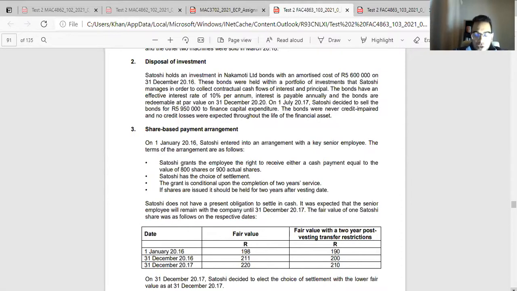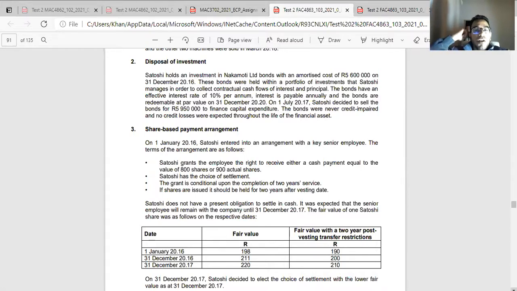Okay, so what's important to take note? They held this bond with the objective to collect contractual cash flows, and the contractual cash flows were solely payments of principal and interest. So therefore, they correctly classified it at amortized cost.